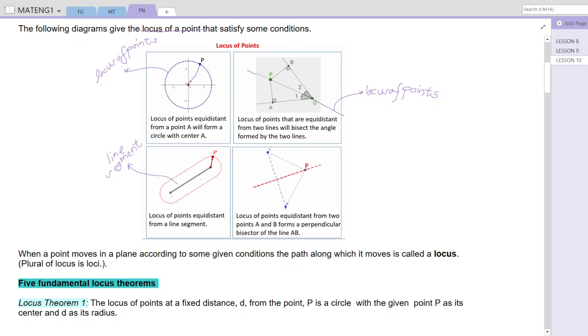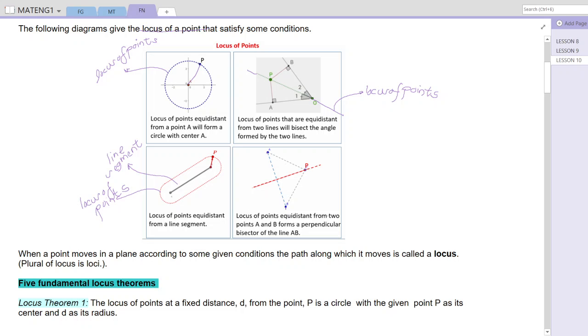A spherocylinder is composed of a cylinder and two hemispheres, which are half spheres, for the hemispherical ends. So that is forming the surface of a spherocylinder. That is the locus of points here.